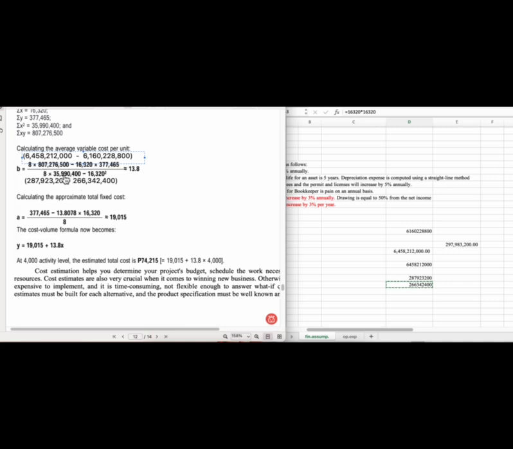And that's 8 multiplied by 35,990,400. So, we have 287,123,200. And then multiply 16,320 by itself, 16,320 multiplied by 16,320.